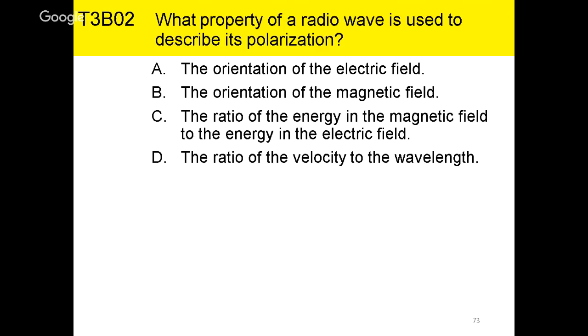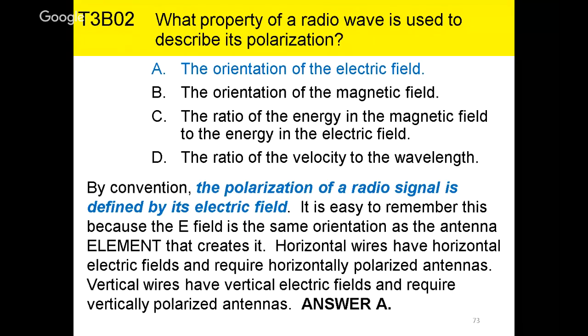So, what property of a radio wave is used to describe its polarization? Now, we kind of talked about this before, and remember, the polarization is tied to the electric field. It's electromagnetic energy that makes up your radio wave, and they're perpendicular to one another. The electric field is one way and the magnetic field is another, but the polarization of your radio signal is defined by its electric field.